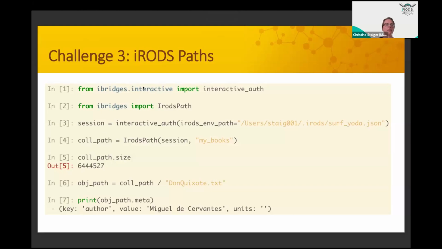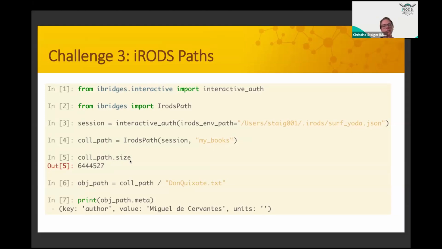You see here I'm importing the interactive authentication, the iRODS path. I create a session. I create a collection path, and you see here from the session, the iRODS path automatically picks up your home directory and extends it with anything that you put as a suffix in there.